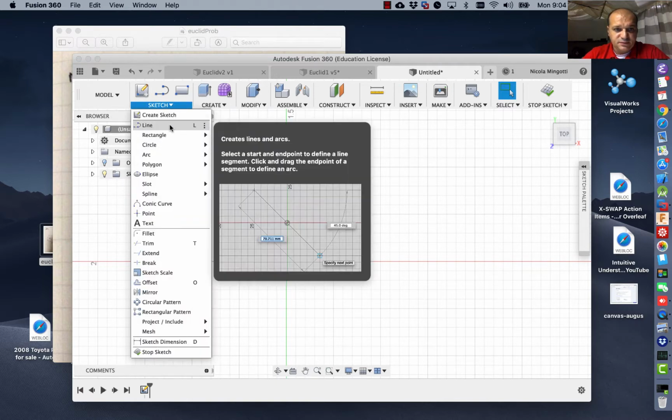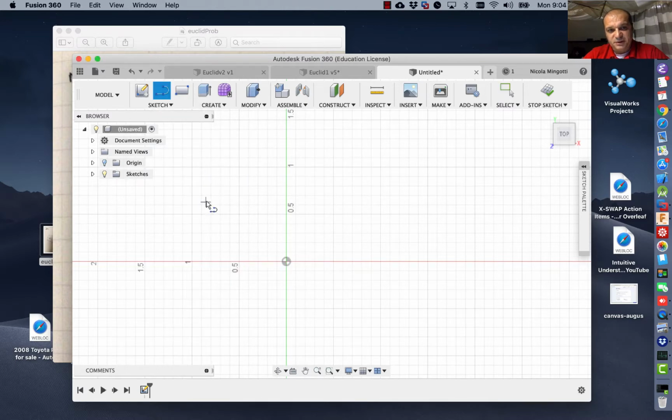It is convenient to do everything with lines. So press L, which directly creates a line. L, L. Good. Let's put it together.